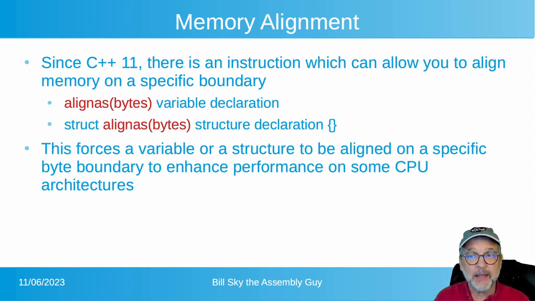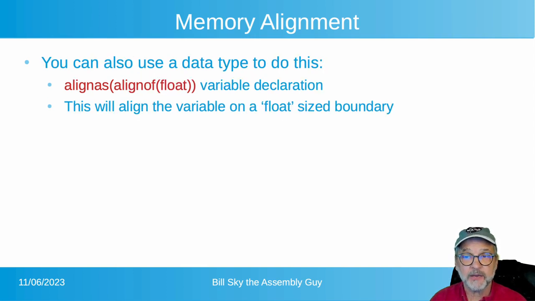So you would say alignas(32) int myInteger, whatever the name of your variable is. Or if you want to align an entire structure, you would say struct alignas(32), and then your complete structure declaration. So this forces a variable or a structure to be aligned on a specific byte boundary to enhance performance on some CPU architectures.